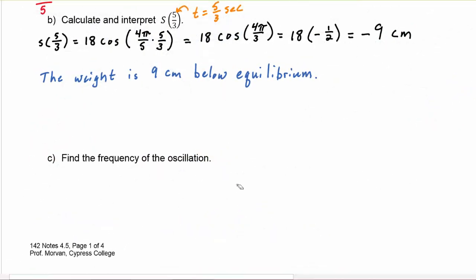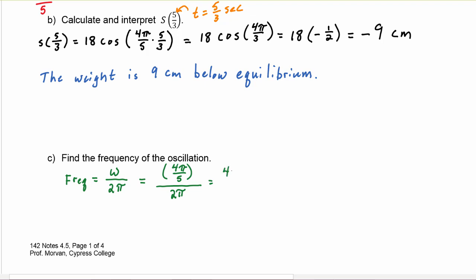In part C, they ask us to find the frequency of the oscillation. Frequency is defined to be omega over 2 pi. Remember, omega was 4 pi over 5, and we have to divide that by 2 pi.